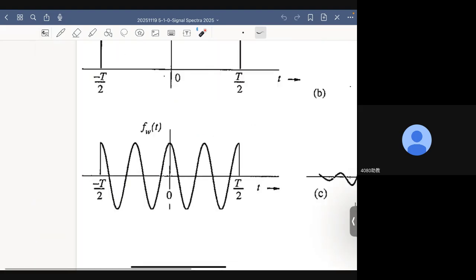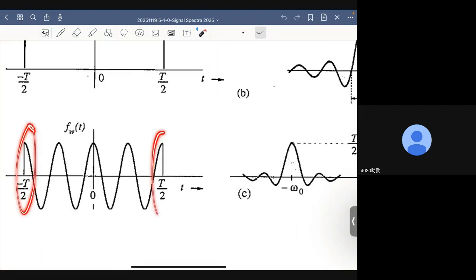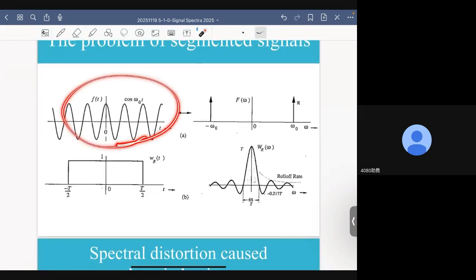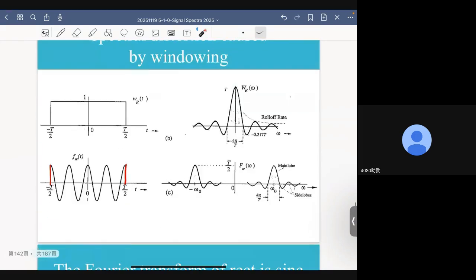The problem of this simple signal, or this segmented signal, is that it has discontinuities which do not exist in the original signal, right? These 2 discontinuities are artificial products. They are the side products of this windowing function.